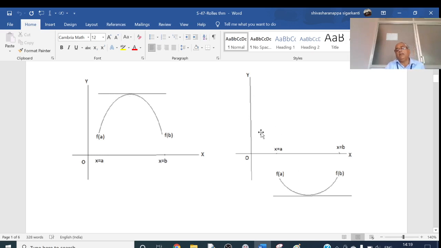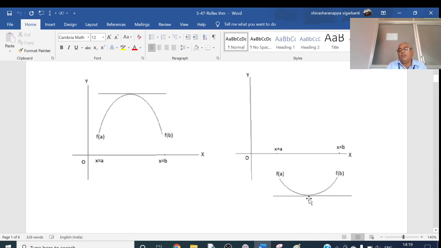Similarly, here we have another type of curve. This is x = a, x = b, and this is the curve y = f(x). Here we can observe that the function is continuous, and the curve is smooth, therefore it is differentiable in the open interval (a, b).